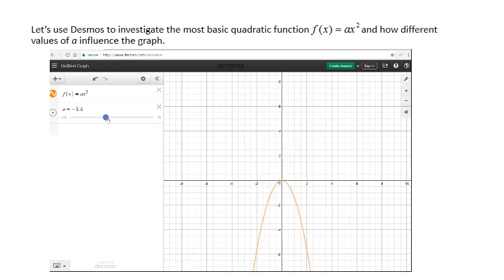If we think about the absolute value of a as being greater than 1, so it would be a -2, it's a skinnier parabola, but opening down. But if we're between 1 and 0, then we've got a fatter parabola, and that includes for negative values as well.